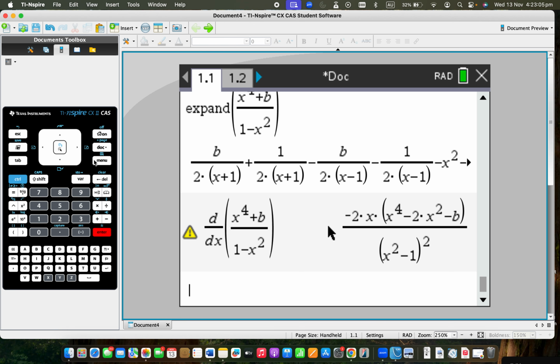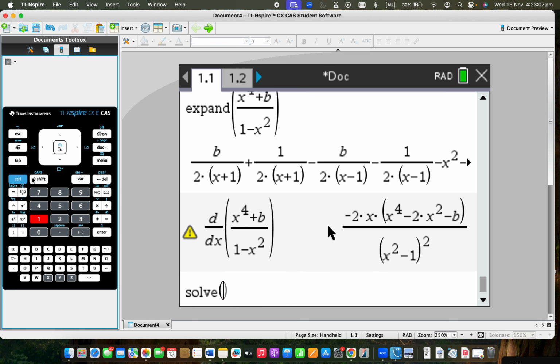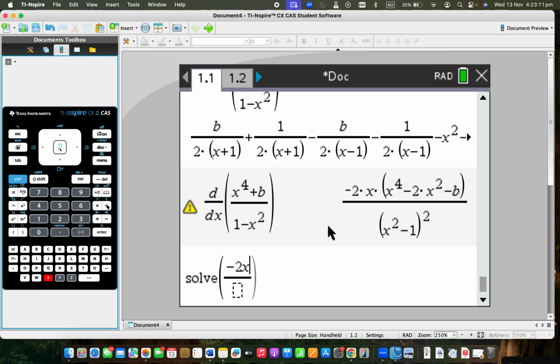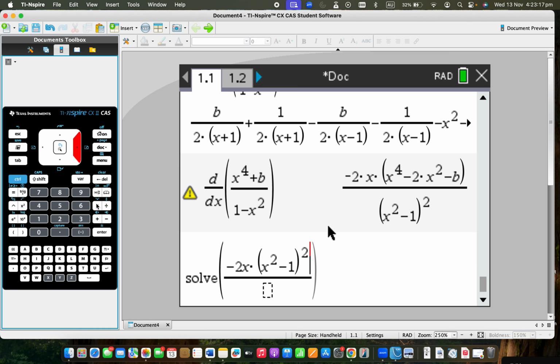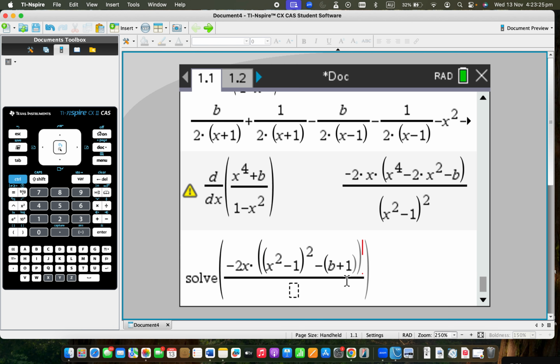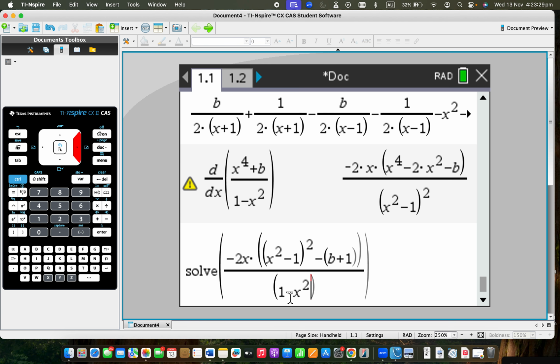I'm just going to write what they've given. So solve -2x times x squared minus 1 squared minus b plus 1 over, well, that should be over around the whole thing, over 1 minus x squared squared.